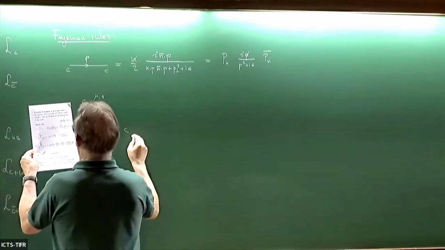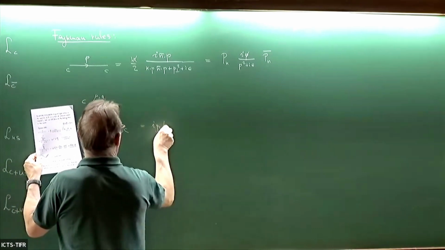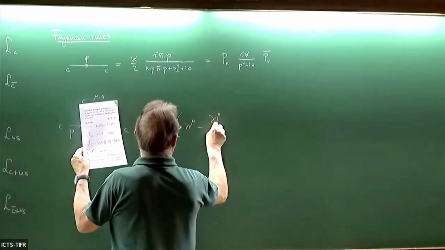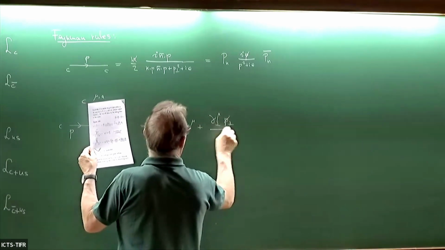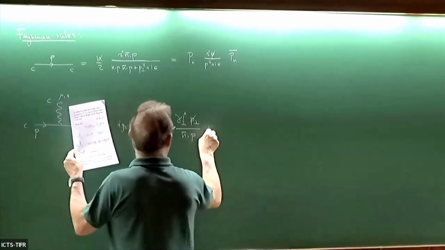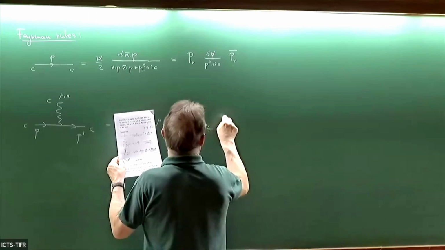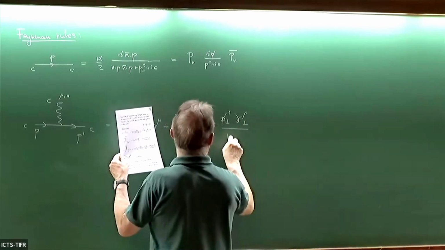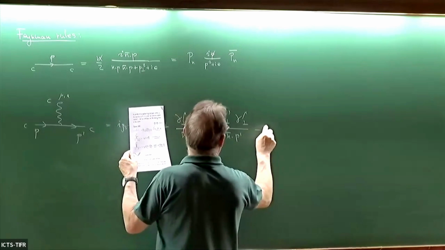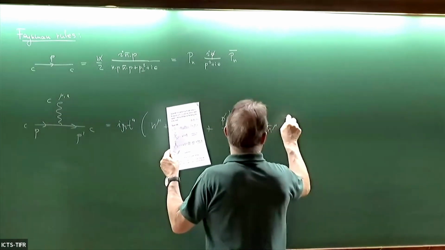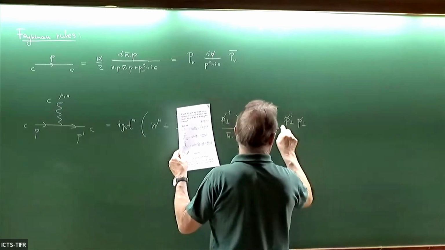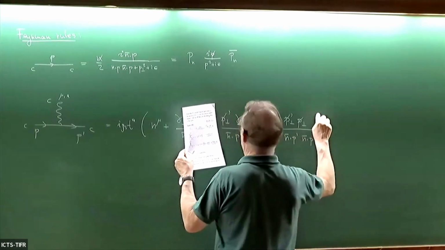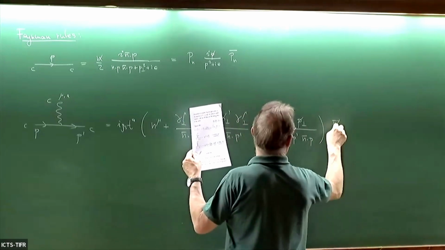For instance, the Feynman rule for this is i g_s T^A, and now n^mu plus gamma^mu perp p-slash perp over n bar·p plus p prime perp slash gamma^mu perp over n bar·p prime minus n bar^mu p perp prime p perp over n bar·p prime n bar·p, and the whole thing times n bar-slash over 2.